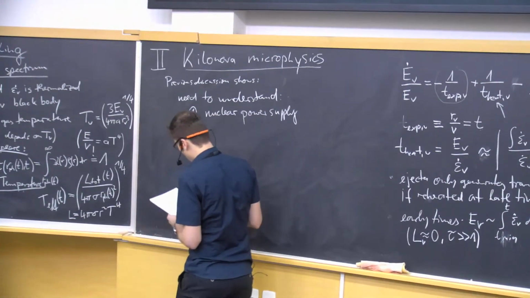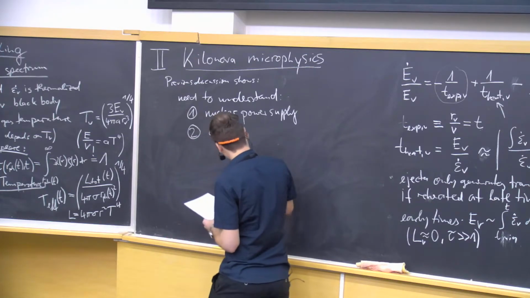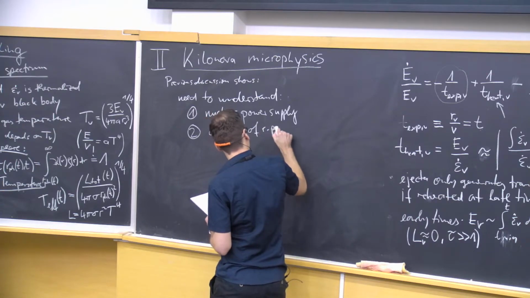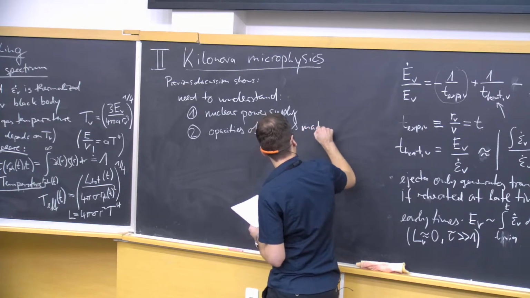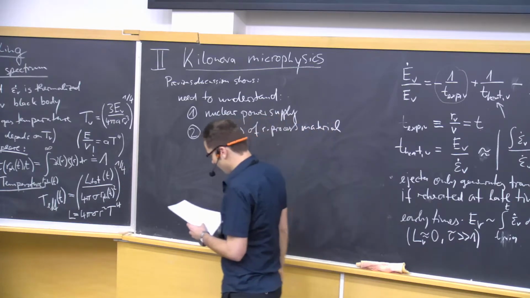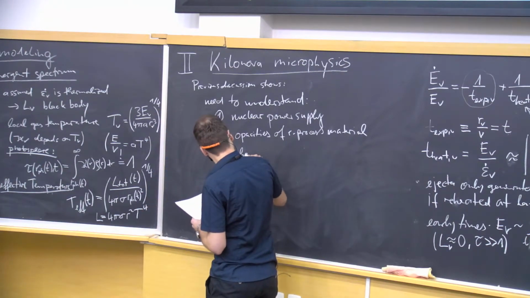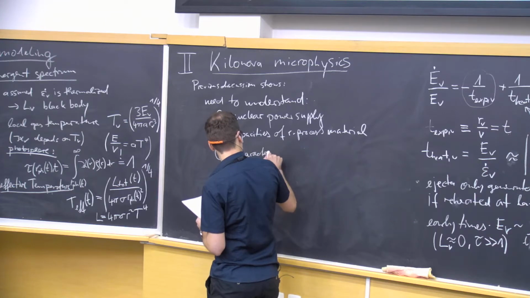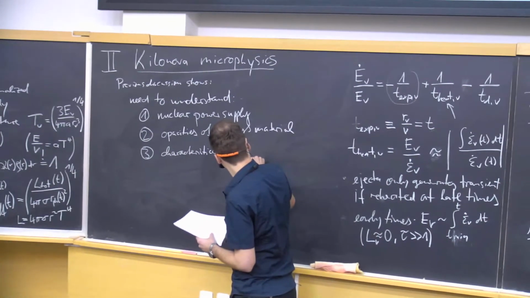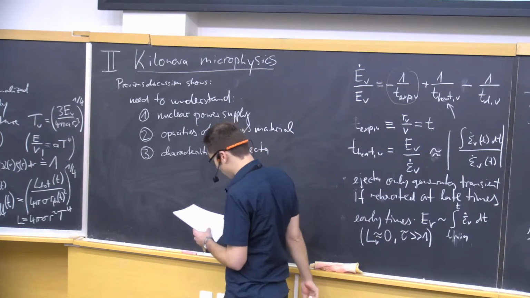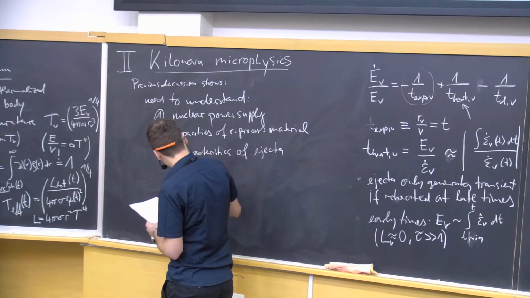The second important point is we need to understand the opacities of r-process material. And the third point is we need to understand the characteristics of the ejecta, meaning we need to understand how neutron star mergers give rise to mass ejection.